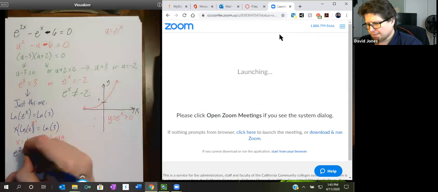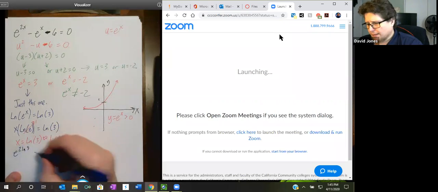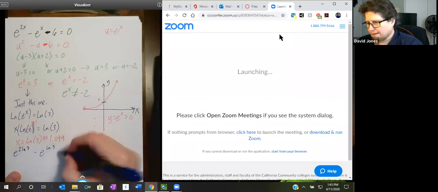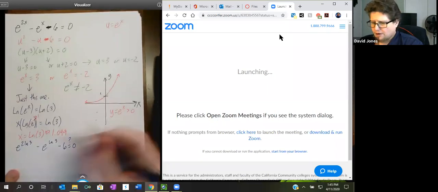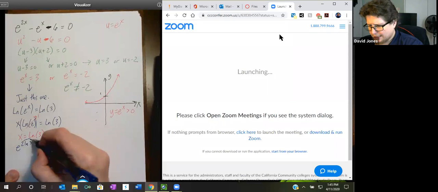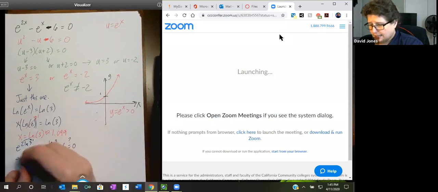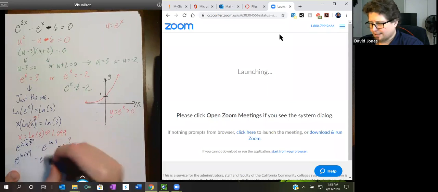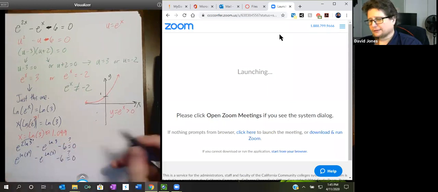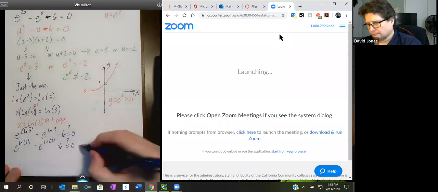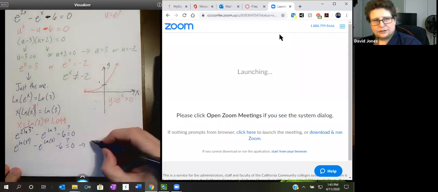e to the 2 times natural log of 3 minus e to the natural log of 3 minus 6, does that equal 0? Remember, I got to move this 2 up as an exponent. e to the natural log of 3 squared minus e to the natural log of 3 minus 6, does that equal 0? e and the natural log cancel out.